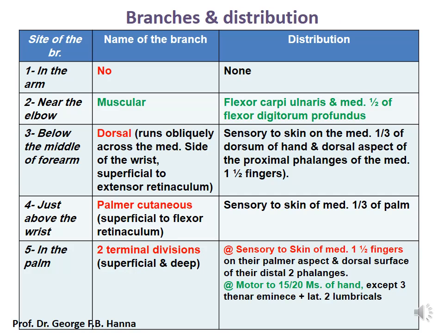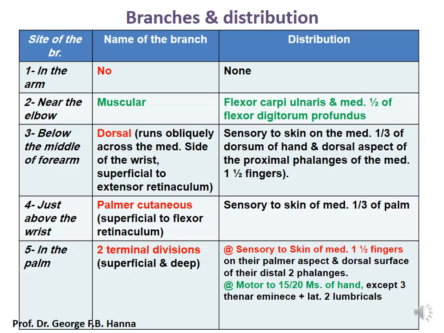Now let us summarize the branches and the distribution of the ulnar nerve. In the arm, number 1, no branches, of course, no distribution. Number 2, near the elbow, it gives rise to muscular branches to the flexor carpi ulnaris and the medial half of flexor digitorum profundus.